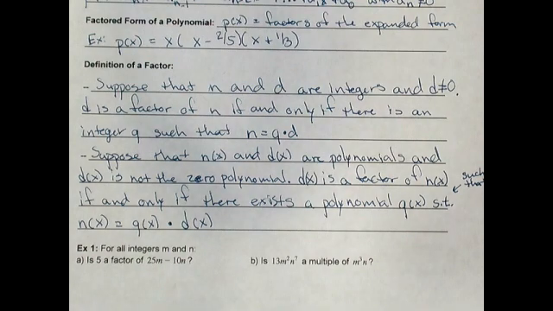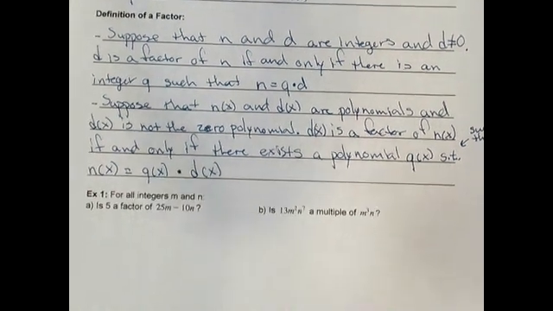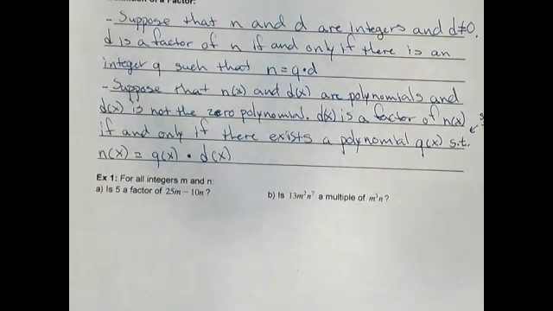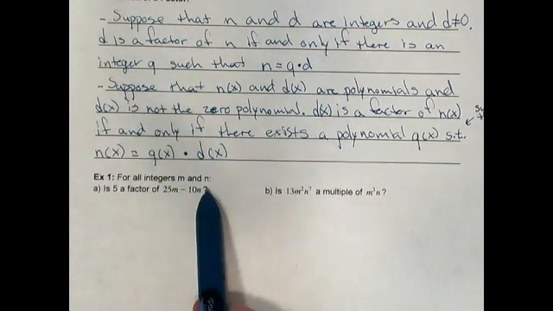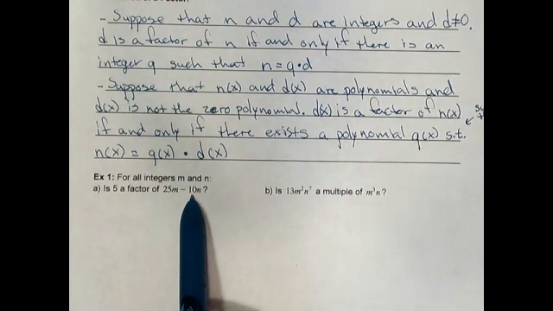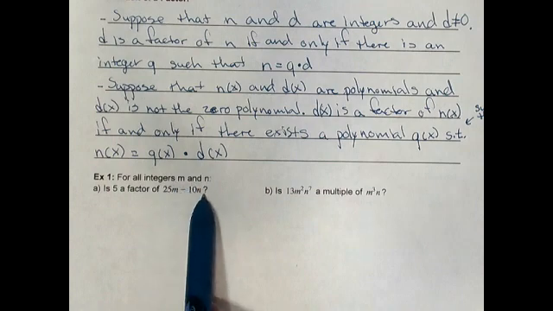So let's look at an example. They're asking us if 5 is a factor of 25m minus 10n. More importantly, they're asking if 5 is a factor of the expression when m and n themselves are integers. So we know because m and n are integers, 25 and 10 are both integers, this expression itself represents an integer value.